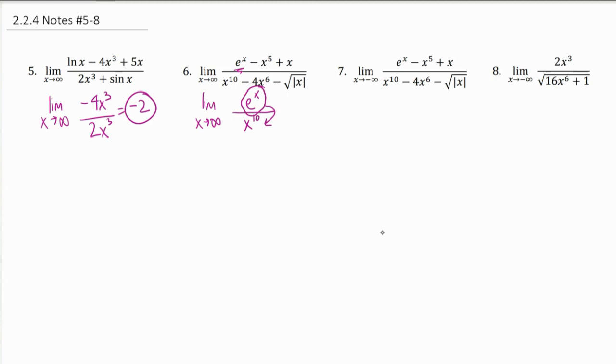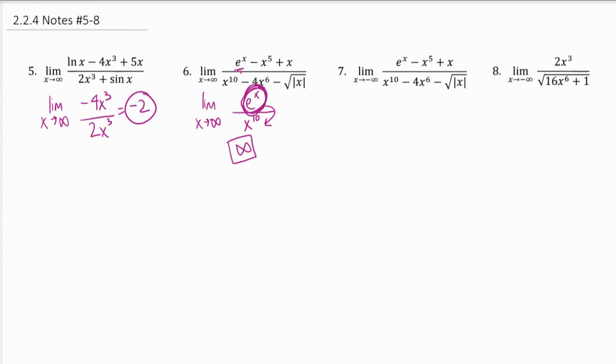Our numerator might be like 100 billion, and our denominator might be like 10,000. Well, 100 billion divided by 10,000 is still a really big number. So if your numerator wins against the denominator, just look at what your numerator is. It's going to infinity.